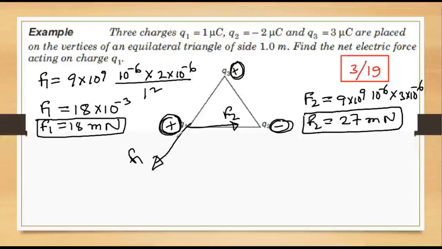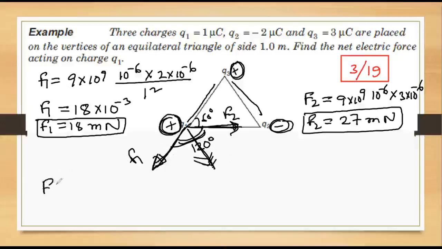But these two are making an angle of 120 degrees, because we know that this is an equilateral triangle, so all inside angles should be 60 degrees. As it is 60 degrees, the angle between the two forces is 120 degrees. So the resultant force will be in this direction.